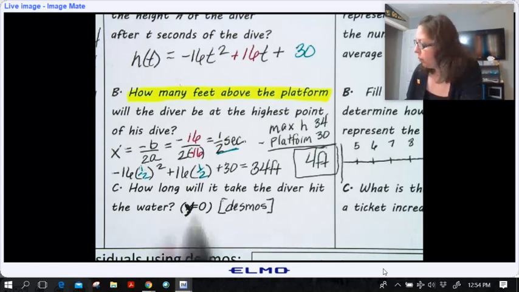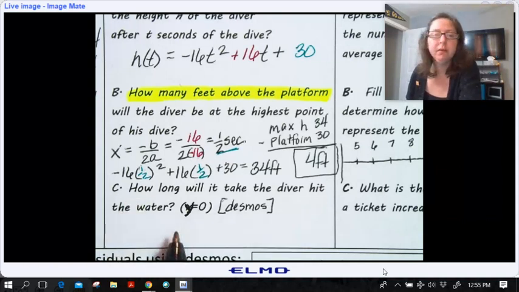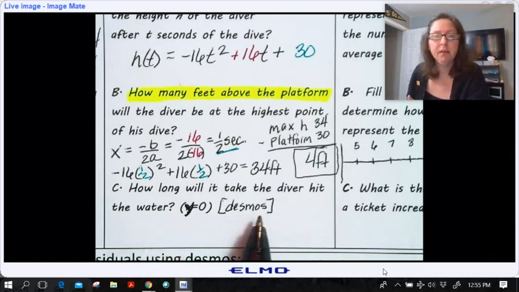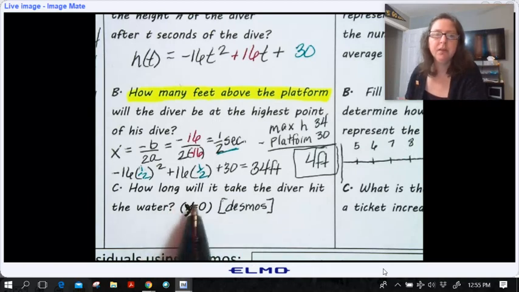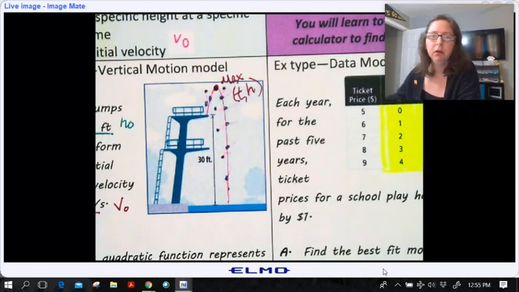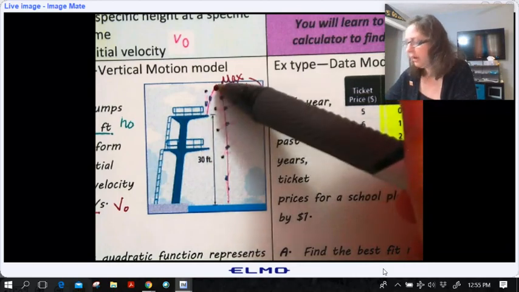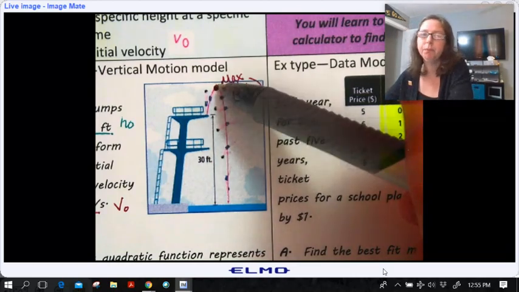Now we will learn how to do this by hand in our next unit, but for now we're going to go ahead and use the Desmos calculator. How long will it take the diver to hit the water? So let's take a look at this image again. We know that it took him a half a second to get this high up.